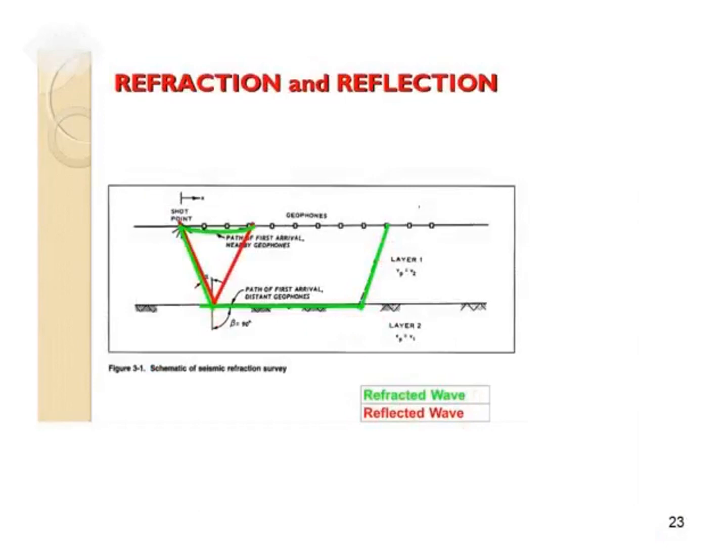As you can see, this wave reflects from the source point on the surface to the receiver. Compared to the refracted wave, it goes through a layer, and after a certain length, it refracts again to the receiver.